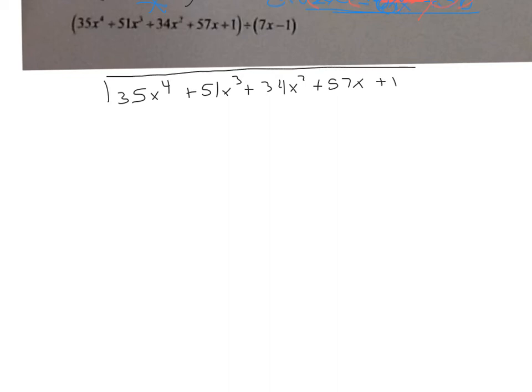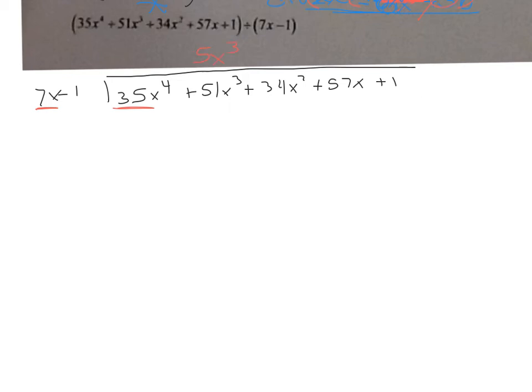And I'm dividing that by 7x minus 1. So the process is still the same. It's just a long one here. All right, so let's see. I have 7x and I want to get a 35x to the 4th. So 7x times what gives me 35x to the 4th? That would be 5x to the 3rd.